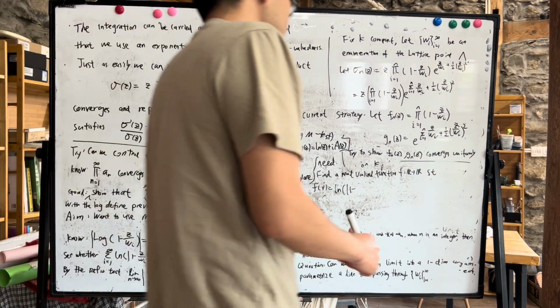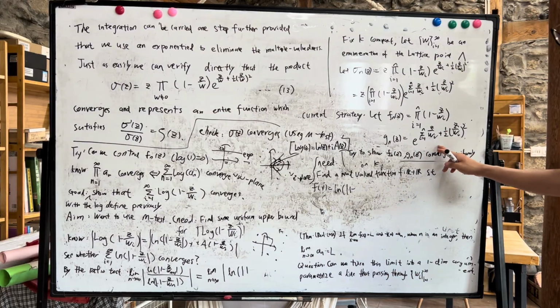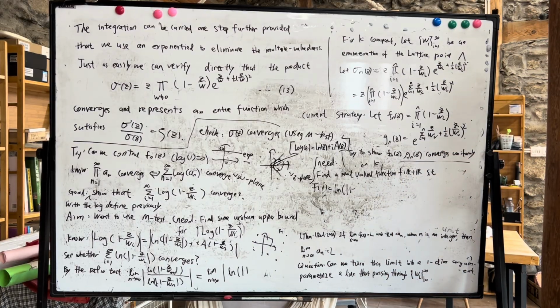Maybe let's think about how we should approach this g_n(z). This g_n(z) is just the exponential of an infinite sum. Is there anything that we can use to help us determine the convergence behavior of this g_n(z)?